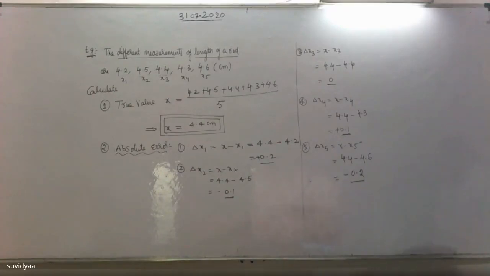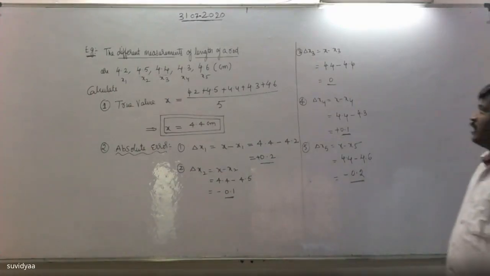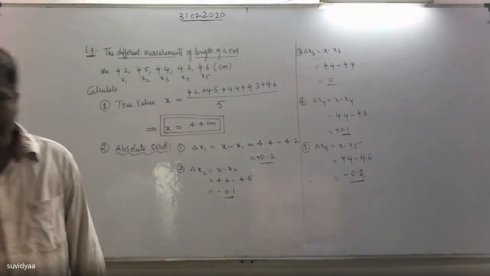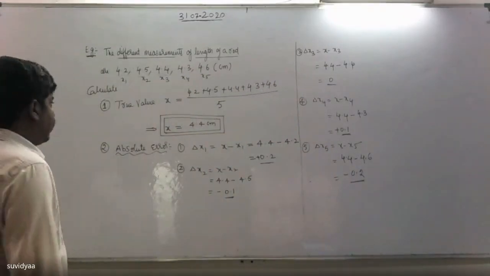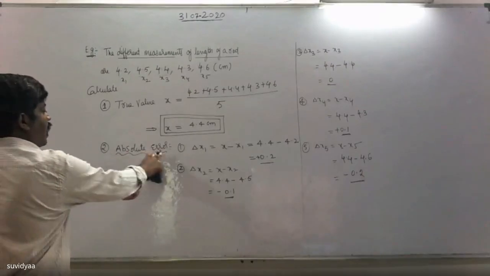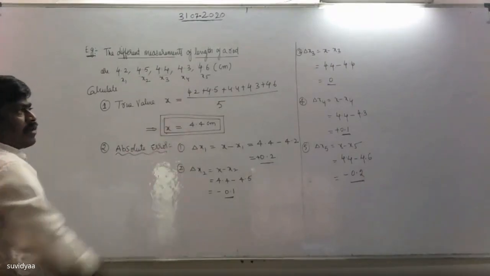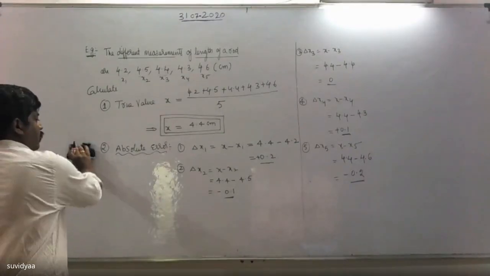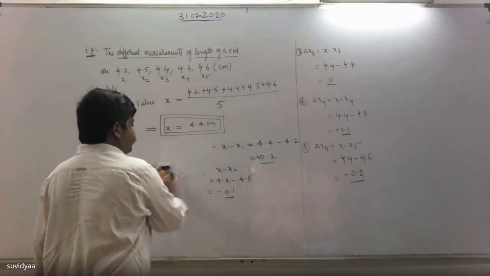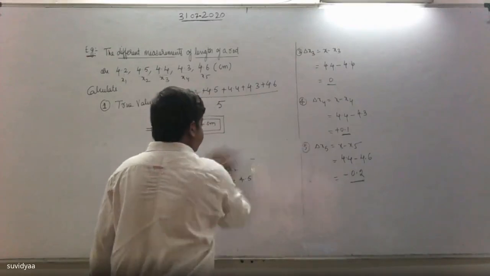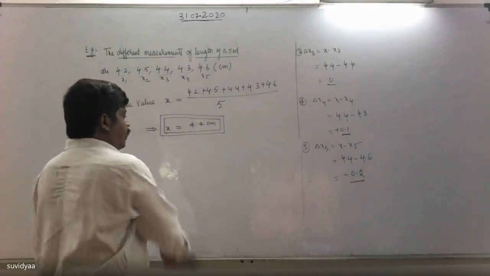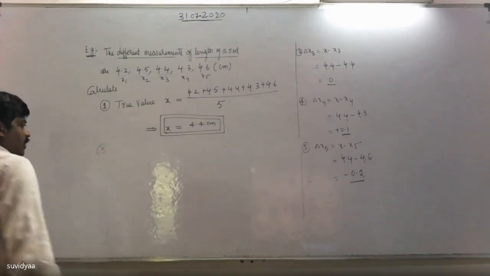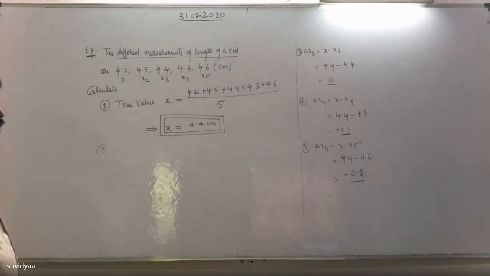Next, the third one. This was the second question: absolute error. Understood how we have calculated? Next. Now, the third question.